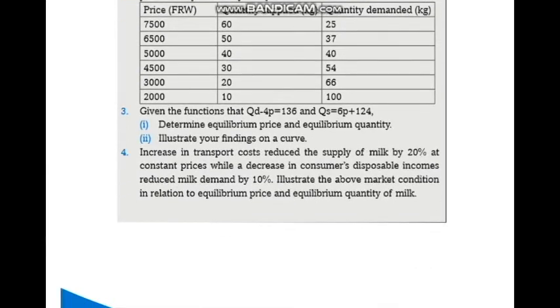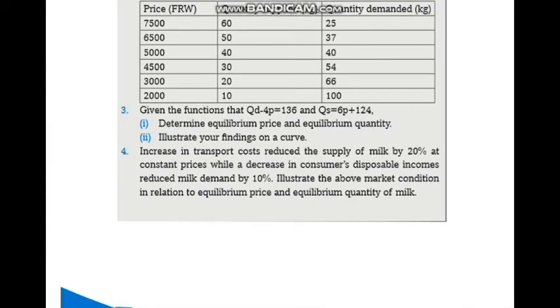Given the function that quantity demanded equals 136 minus 4p, and quantity supplied equals 6p plus 124. Now determine equilibrium price and equilibrium quantity. Then illustrate your findings on the curve.